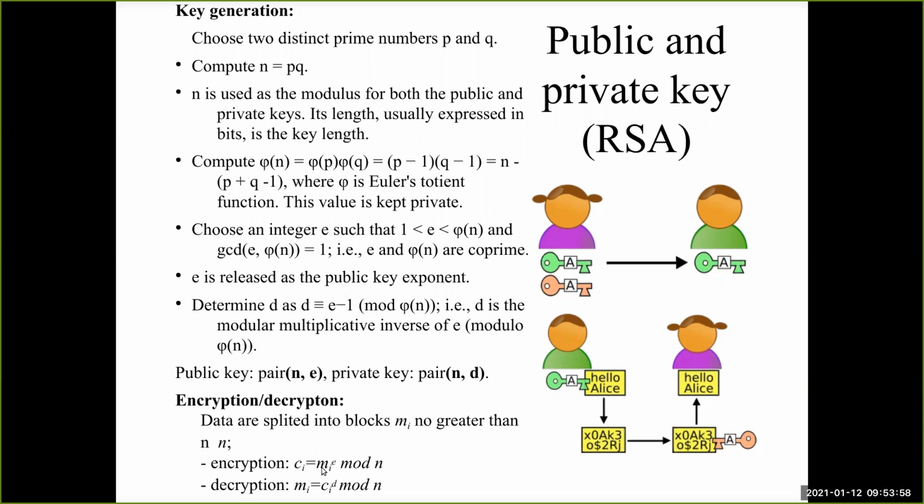So look, let's assume that we have data, denoted as mi. So we have a block of data, and we calculate a modulo with n. This block of data is exponentiated, so we have to exponentiate it to the power e and calculate modulo n.